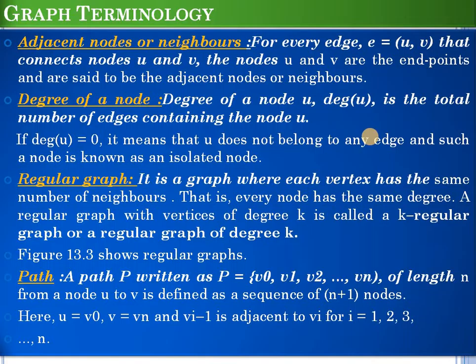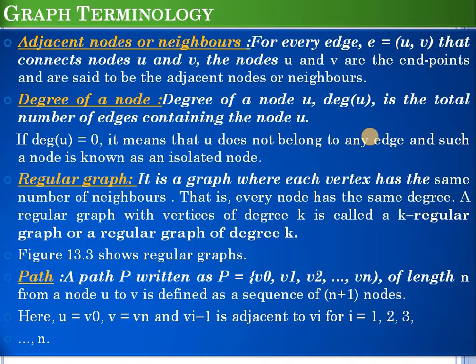Now next is the degree of a node. The degree of a node U, written dg(U), is the total number of edges containing the node U. In this we have in degree and out degree.